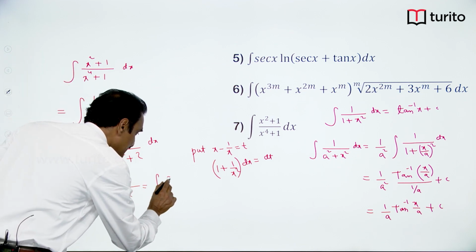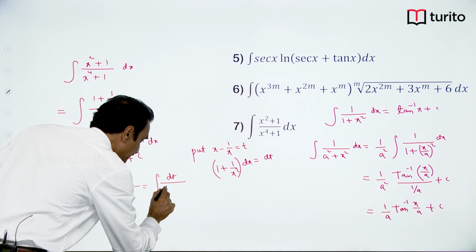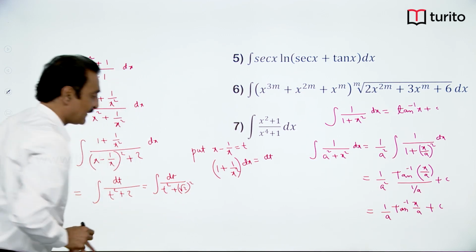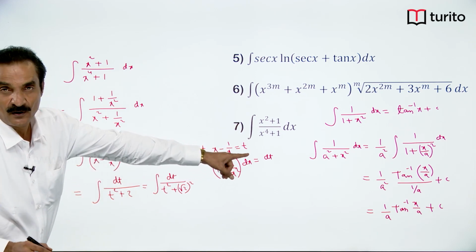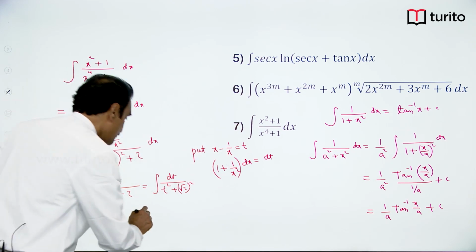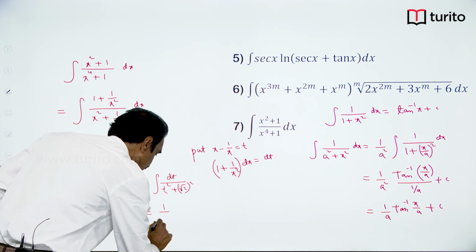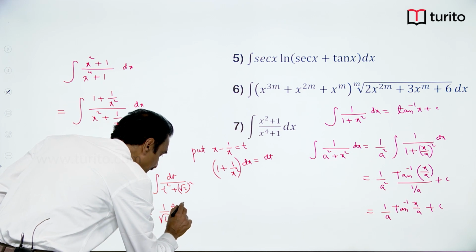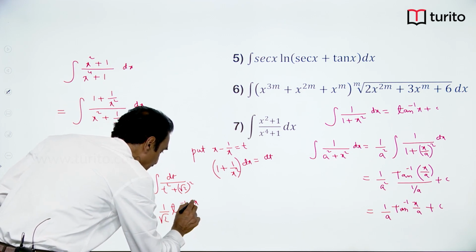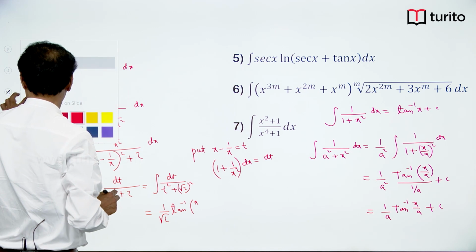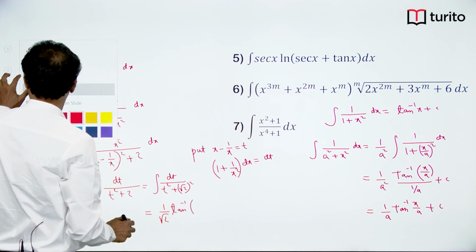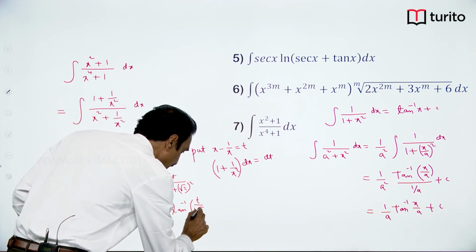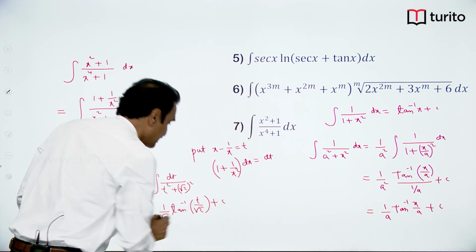I will write this as t square plus, you can write 2 as root 2 whole square. It is exactly in that form. So what is the answer? 1 by a means 1 by root 2 tan inverse t by root 2 plus c.